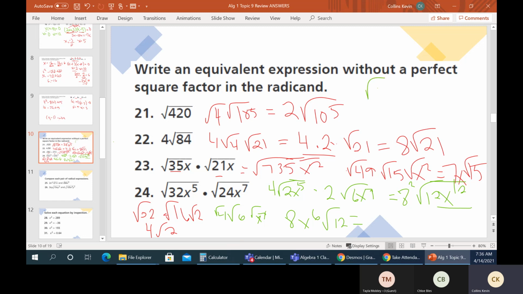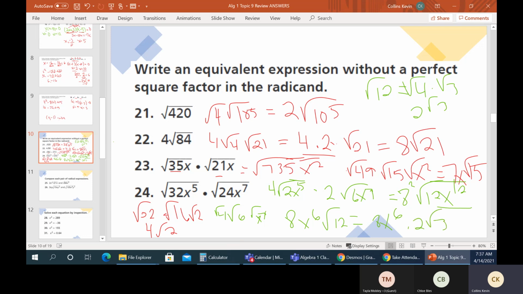So the square root of 12, let's do a little side calculation here, equals square root of 4 times the square root of 3. Okay, and that's just 2 square root of 3. So now we've got 8x to the 6th times 2 square root of 3.